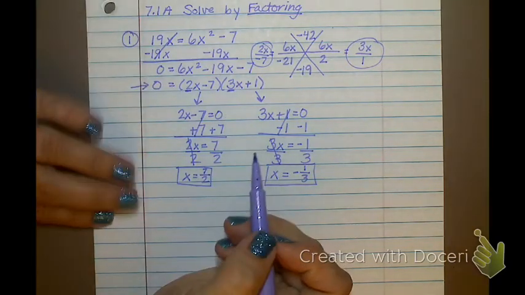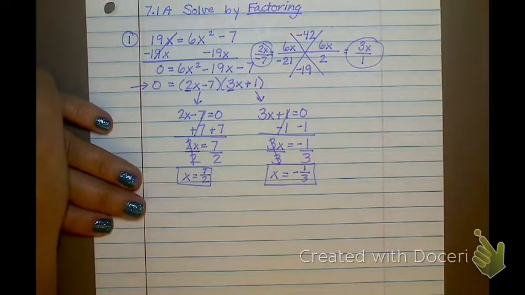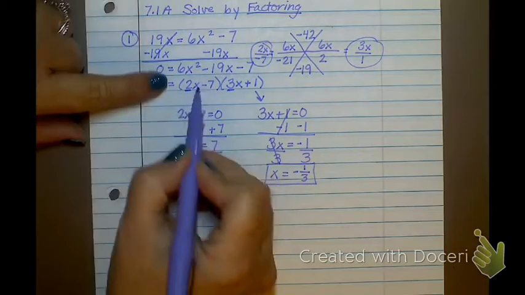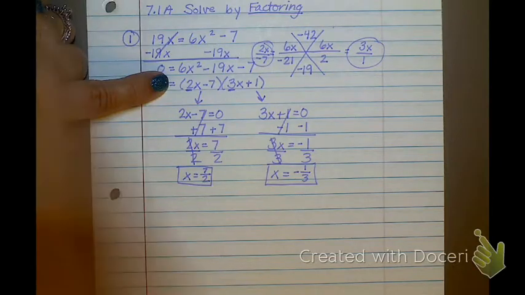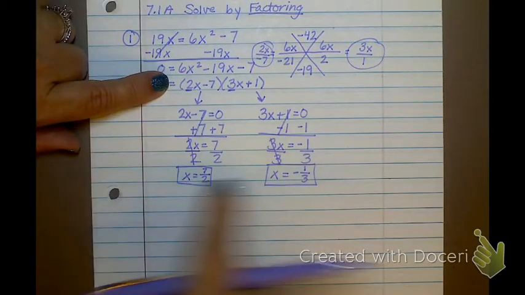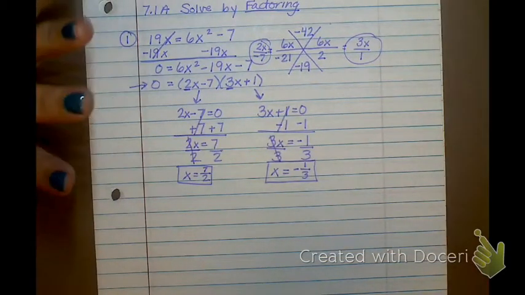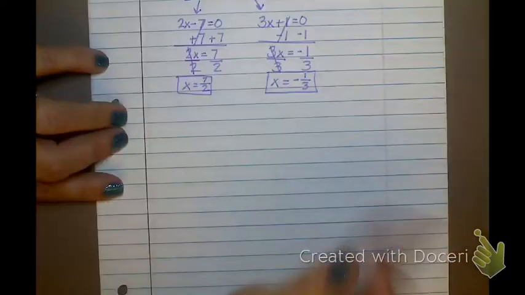Okay? Now, how many parentheses did I have? I had 2 parentheses. How many answers did I have? 1, 2, right? Yeah. So? Okay, that's going to be important in just a minute.